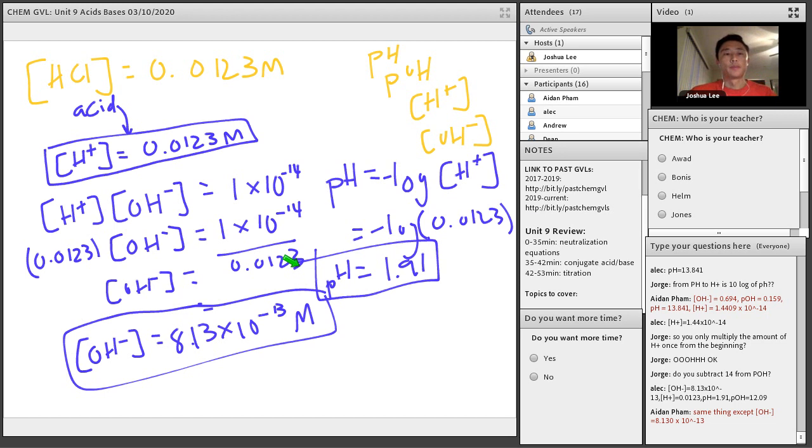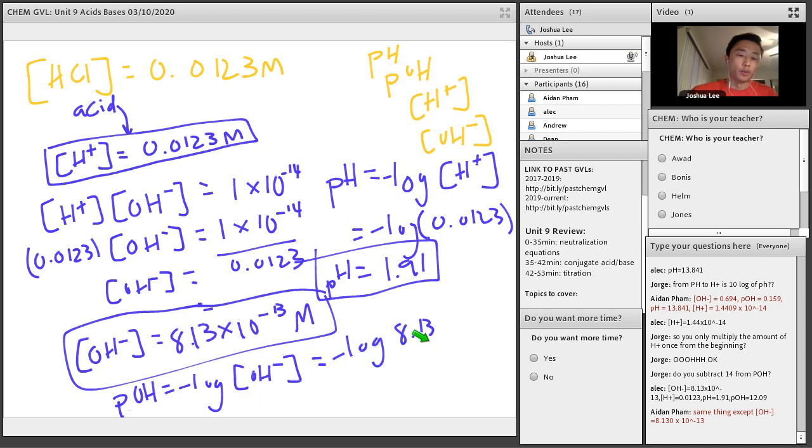Then last thing for pOH, pOH is negative log of OH minus. So it'd be negative log of 8.13 times 10 to the negative 13. That's not the exact answer. Negative log of this, you get 12.1 as our pOH.